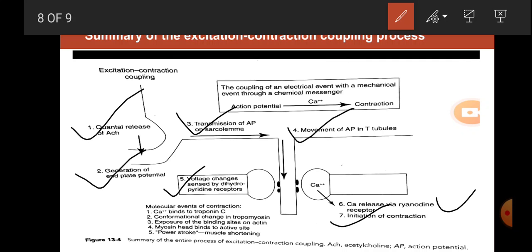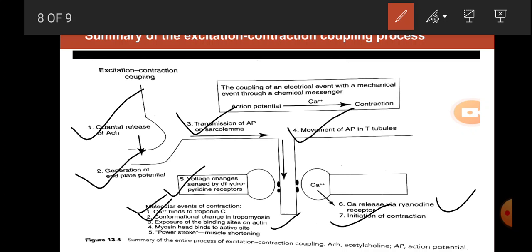The molecular events of the contraction: the calcium binds to troponin C. As we know, troponin is the protein which has three units, TnT, TnI and TnC. The TnC unit is the calcium-binding unit, so the calcium binds with the TnC. Then there is a conformational change in the tropomyosin and exposure of the binding sites on the actin.